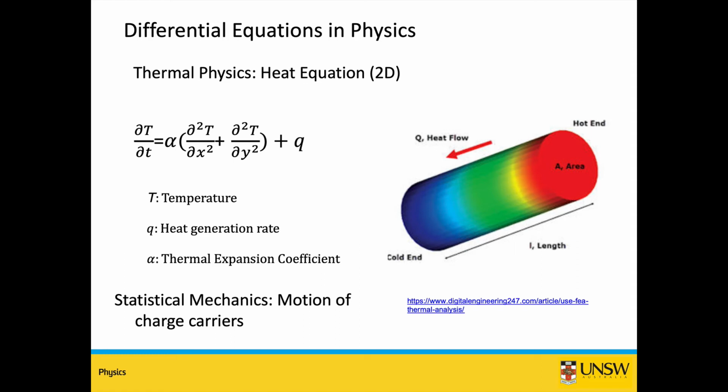And then you have another term called Q. This is the heat generation rate. And in this picture here, you can get a physical interpretation of this equation. So if you are heating one end of this wire, so this is a circular wire, for example, and suppose you are heating one end of the wire with a heater, then this equation tells you how the temperature of this wire varies over the length or the volume of this wire, and how the temperature is also changing with time.